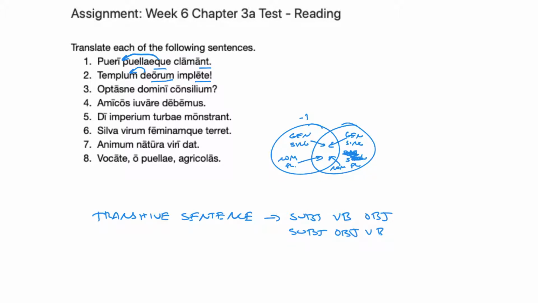Because you, or second person, is the subject, that means the templum, which, because it's neuter with that um ending, can be either nominative or accusative, is going to be accusative. We know it can't be nominative because the ETE in implete tells us that that's an imperative and that that has a you understood subject. All right, so implete, templum deorum.